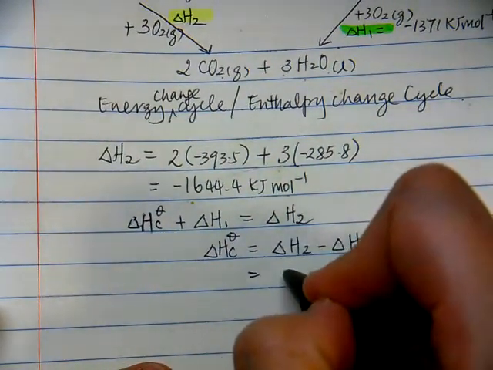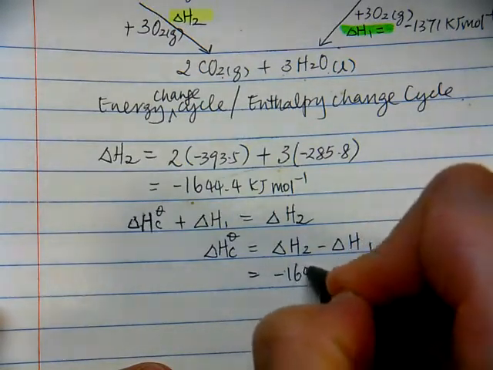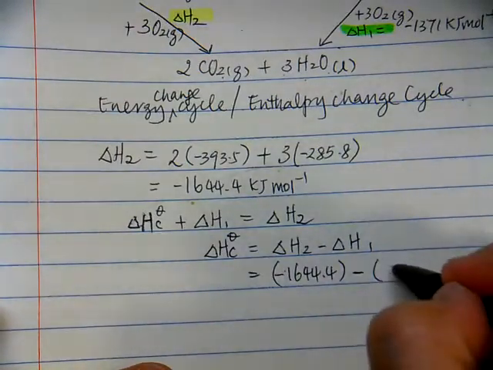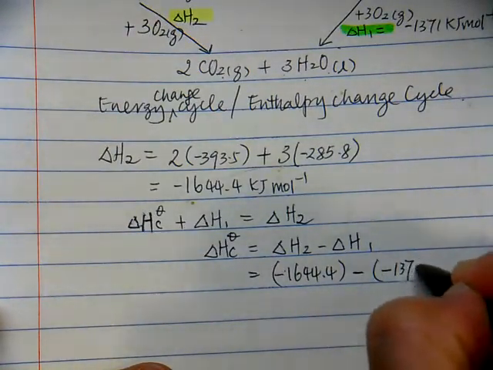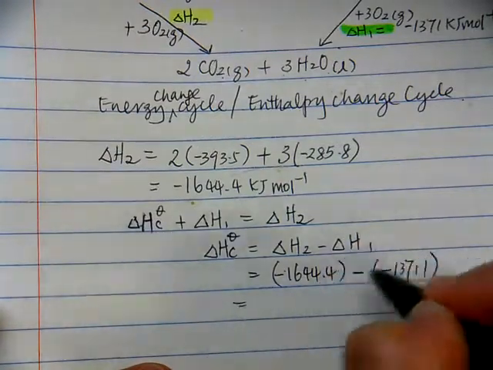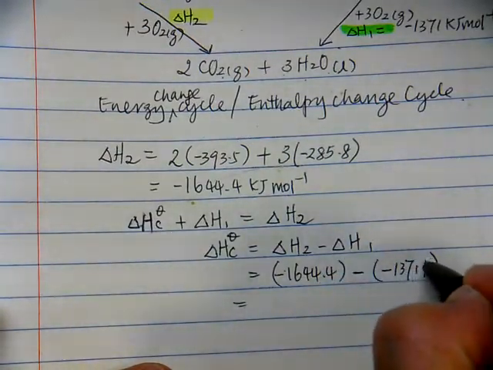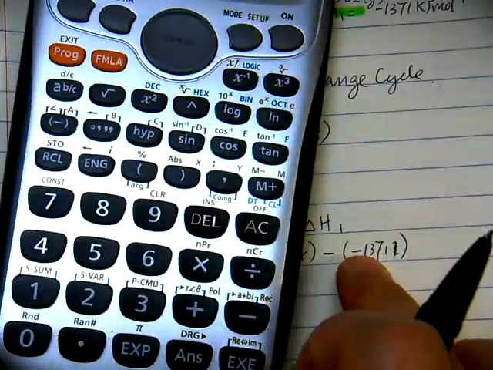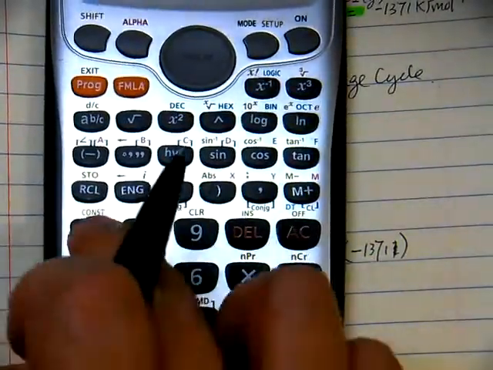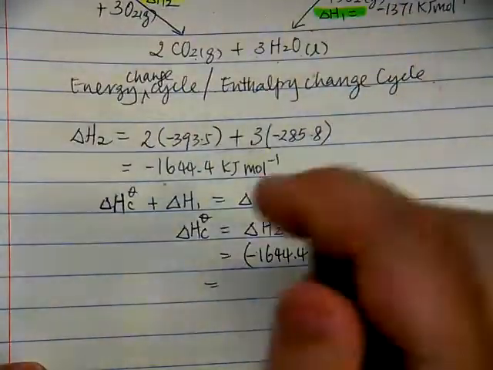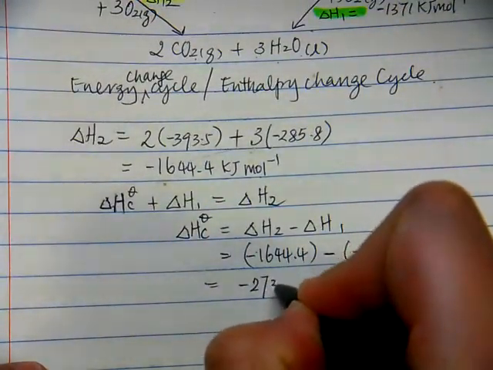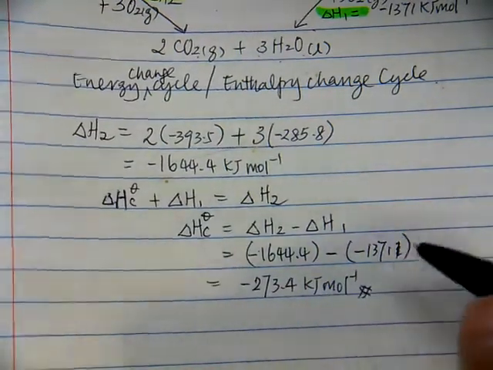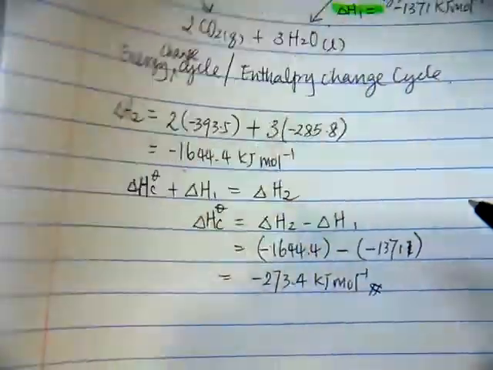Therefore, it is equal to negative 1644.6 minus negative 1371. Minus, that means plus 1371, which is negative 273.6 kilojoule per mole. Do you understand?